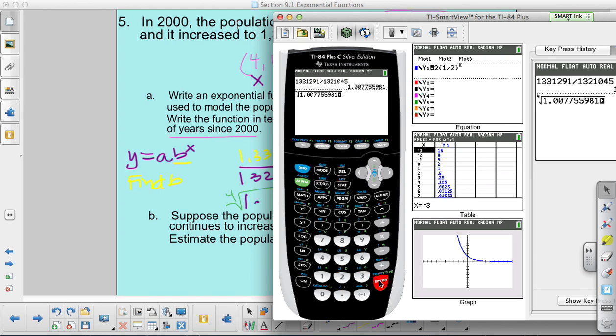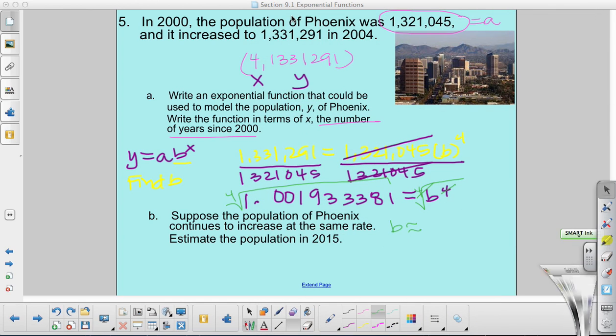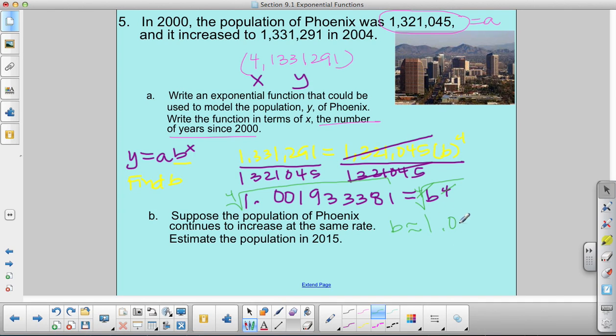Now I have the 4th root of the number from before, and here is my B value. B is 1.0019333381. We're going to write down 4 decimal places, so B is approximately 1.0019.